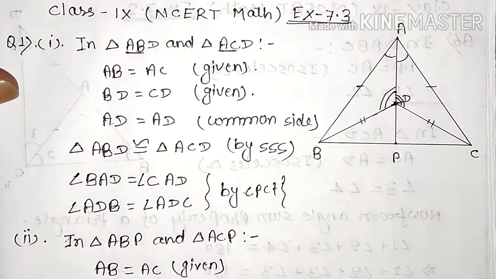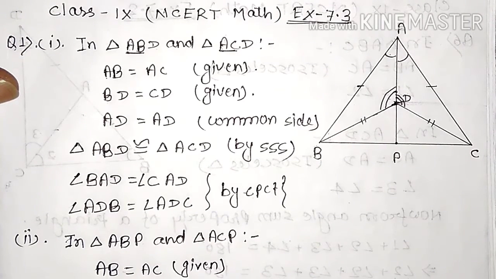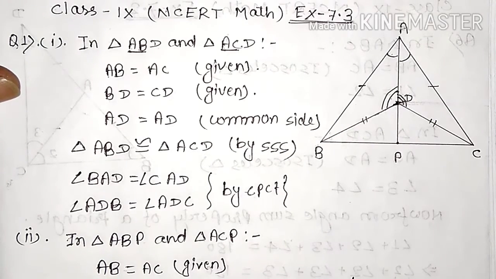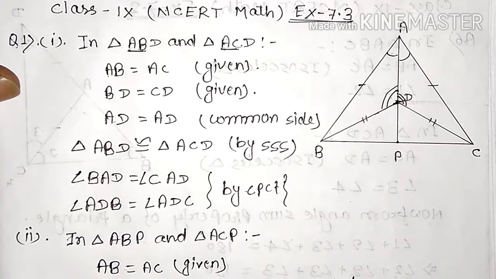angle BAP is equal to angle CAP, above proved, or in question number first, it is proved. And AP is equal to AP, common side.